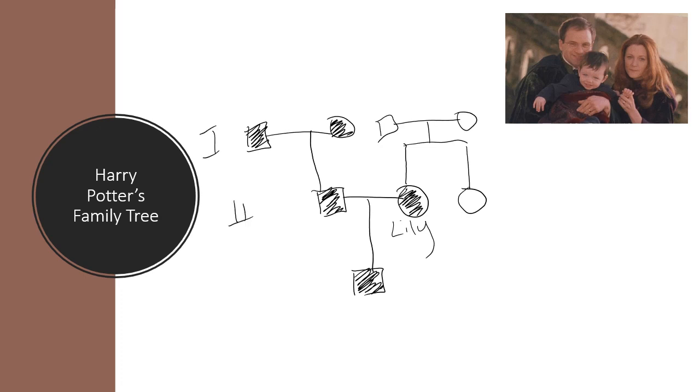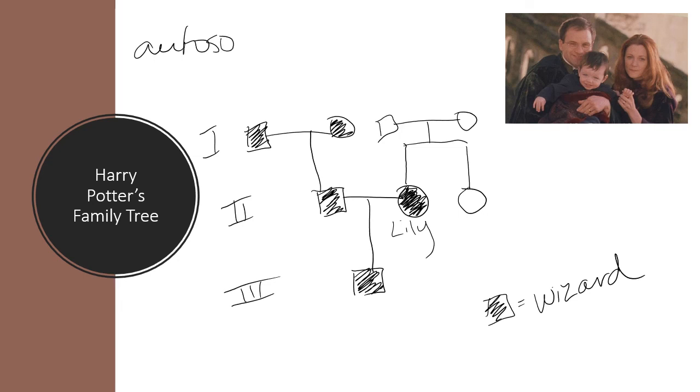So I'm, of course, not done with my pedigree. I need to put Roman numerals for each one here. And then I need to have some sort of key. So I need to say, okay, this is wizarding. Okay, so if we look at Lily, Lily has it, but her parents do not, which means that it skips a generation, which means that this must be an autosomal recessive trait.